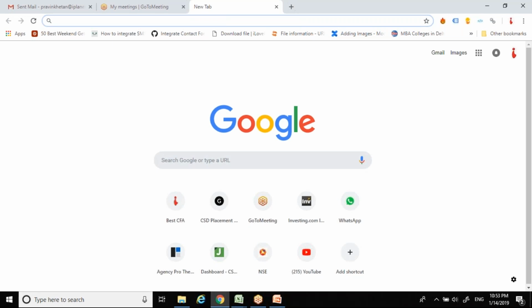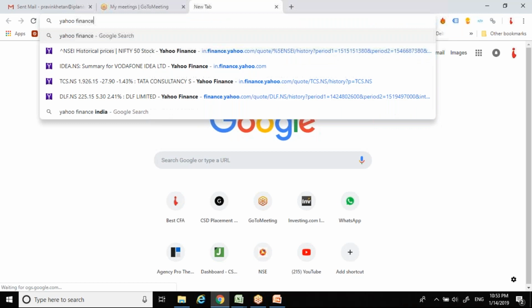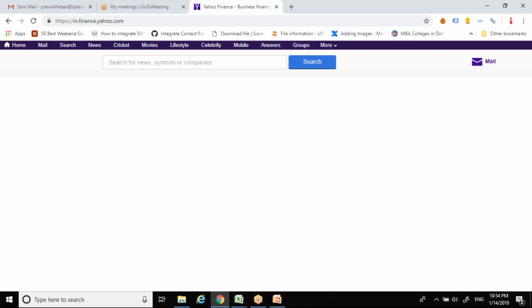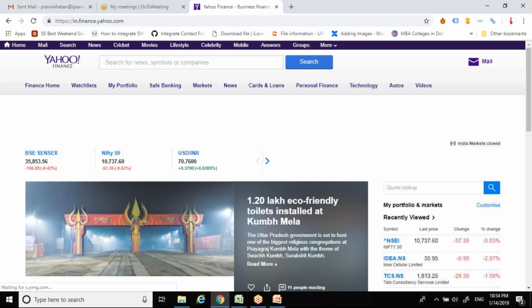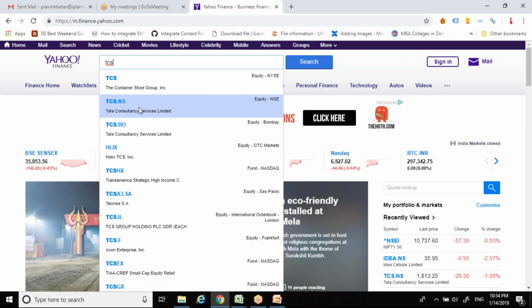So let me open Yahoo Finance. Let's get the quote for shares, and let's get quote for any future contract. So let's say, working on TCS, Tata Consultancy.